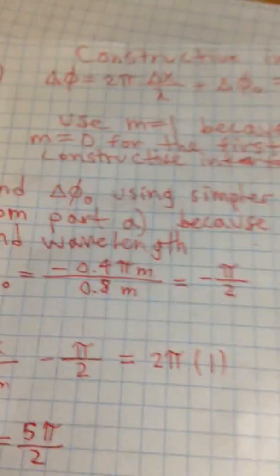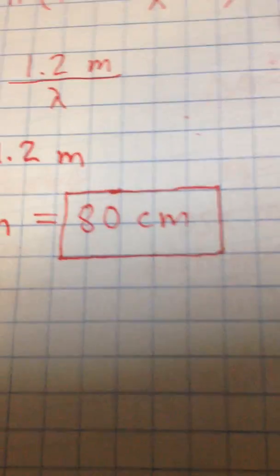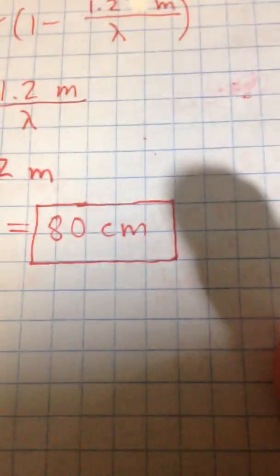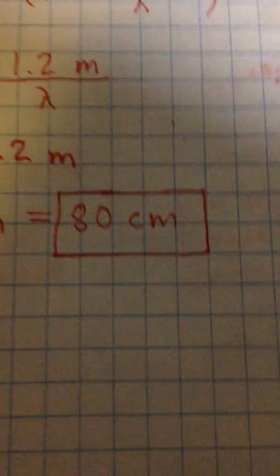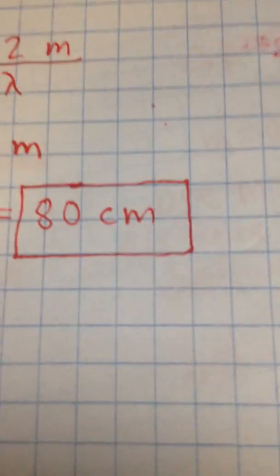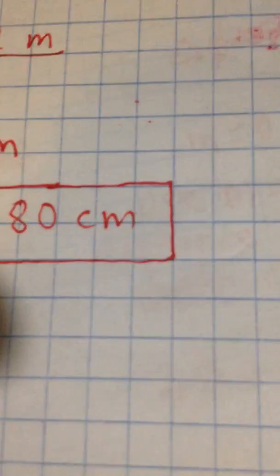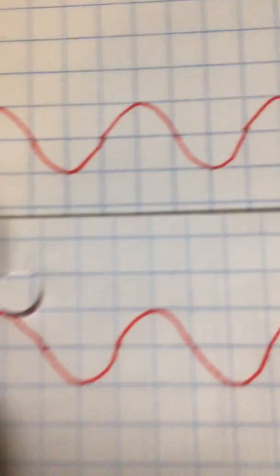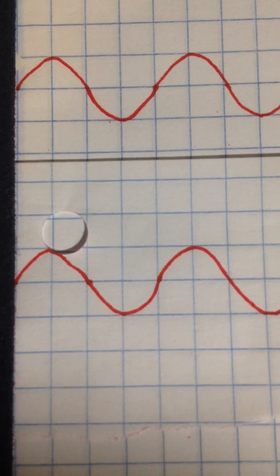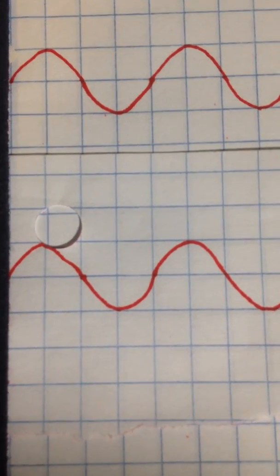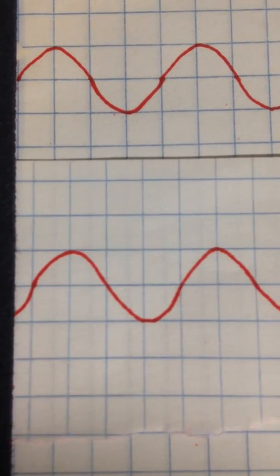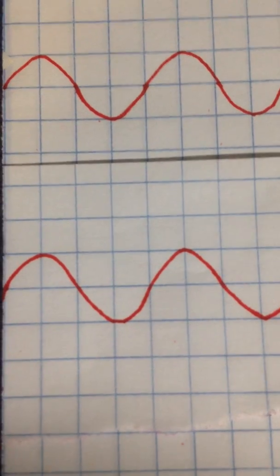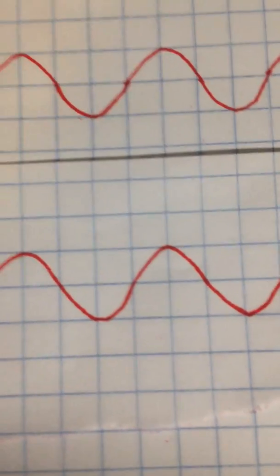So if you found that wavelength of 80 centimeters, you could add it to the 20 centimeters from where it was maximum the first time, and then adding a wavelength to that, like this here. If they're both lined up like that, then adding a whole wavelength is going to be like half wavelength, boom, whole wavelength, and they're going to interfere constructively again.